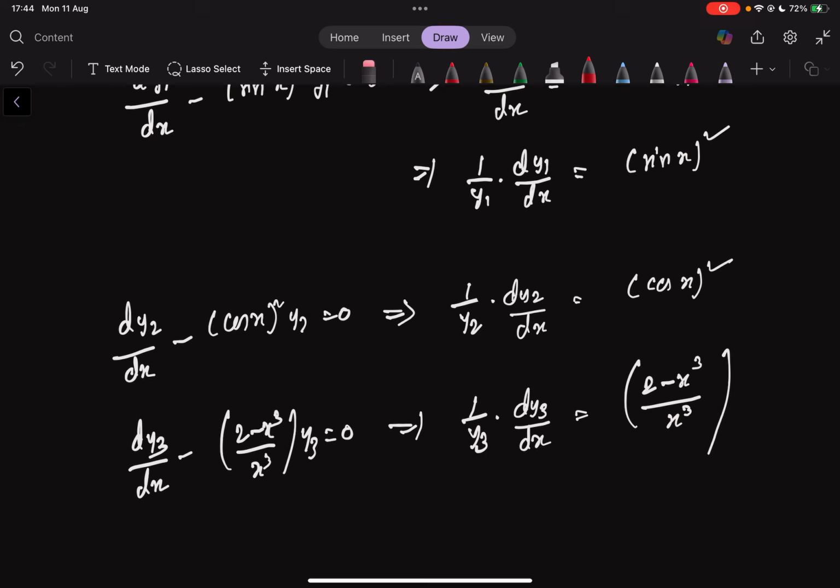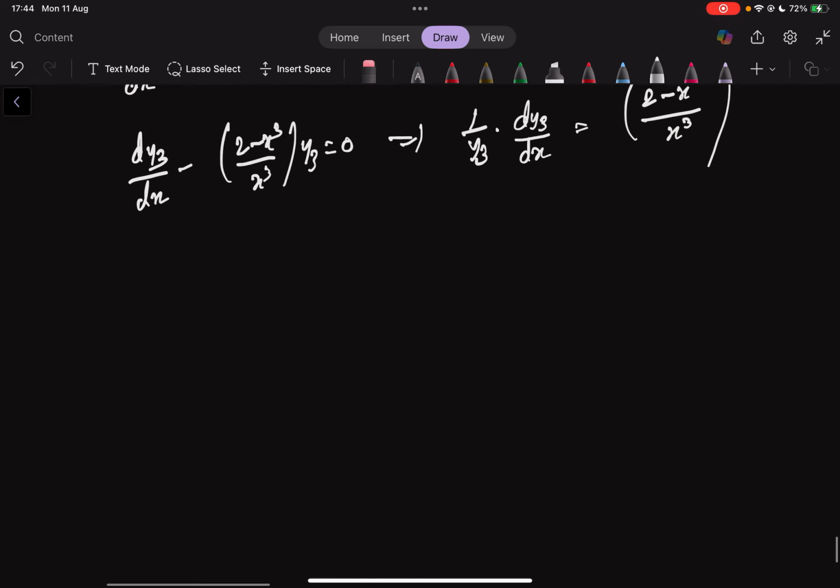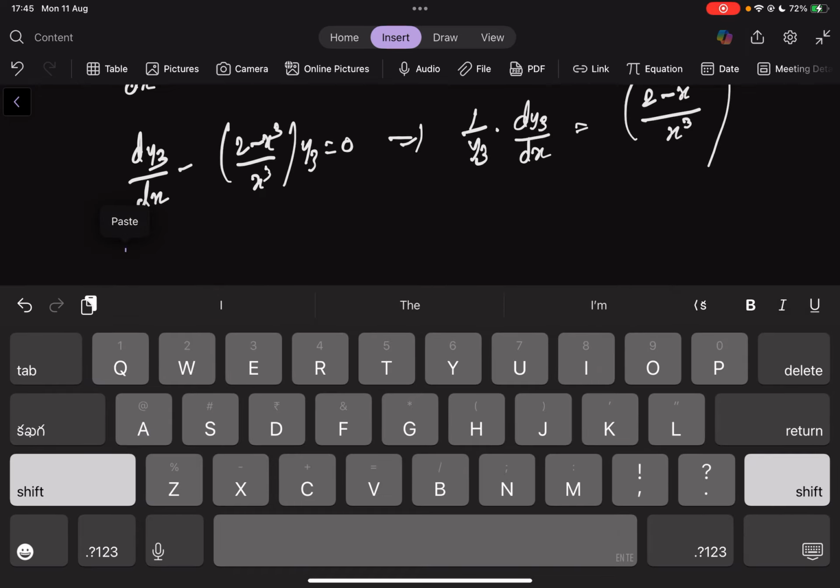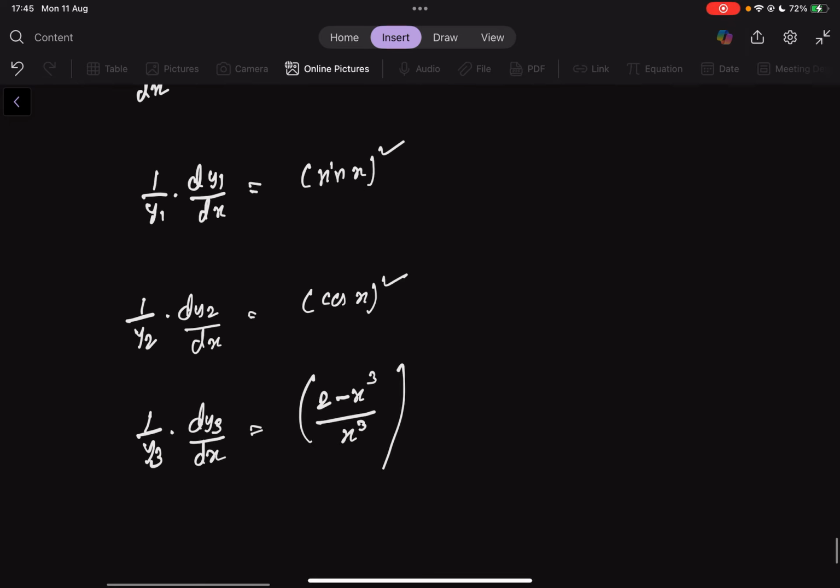If we add up these three equations, we get ln y1 plus ln y2 plus ln y3, so indirectly we are getting ln of the product y1 y2 y3. So that's the idea: we can just add up these three equations to directly find the functional value.